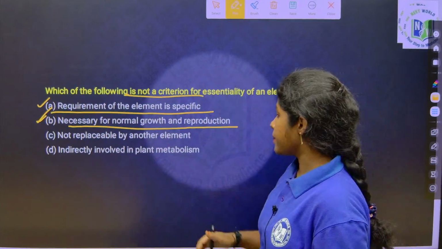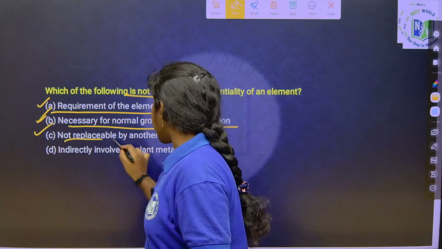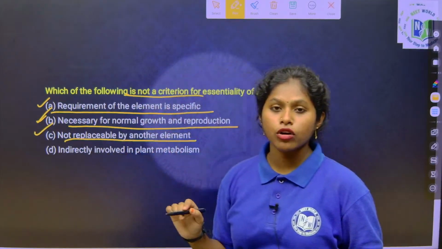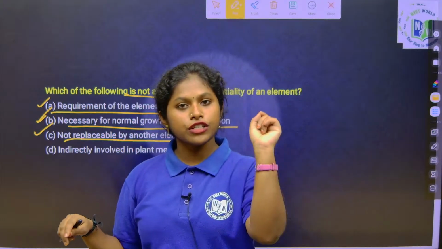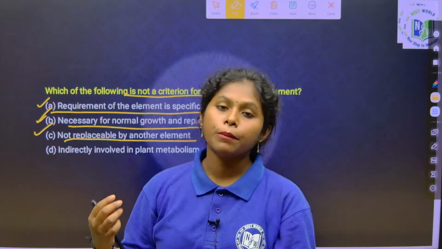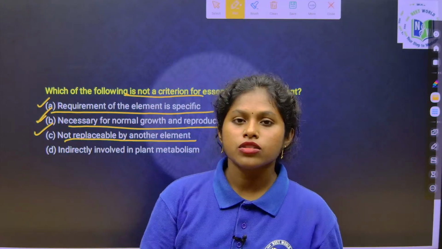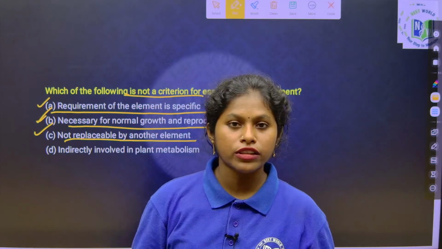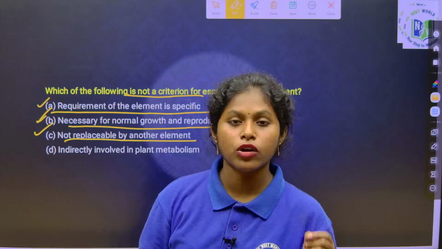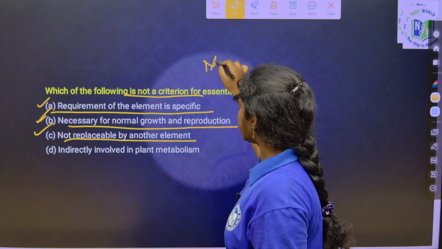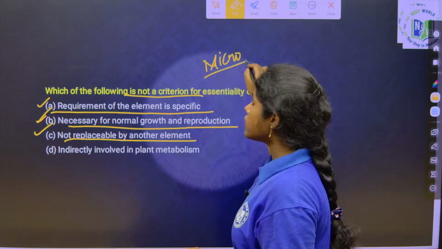Okay, let's see. Not replaceable by any other element. I gave an example also: if there is a deficiency of chlorine or any other micronutrient, and I give more macronutrient, there is no point in giving more macronutrient, because the plant requires the micronutrient in a low amount.